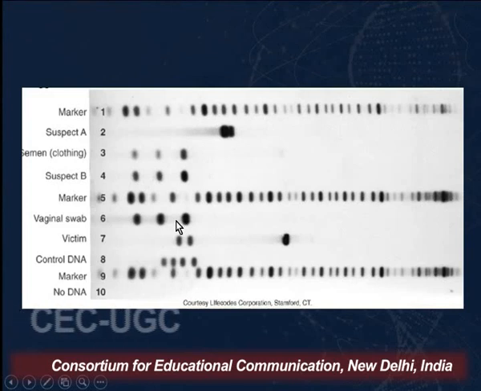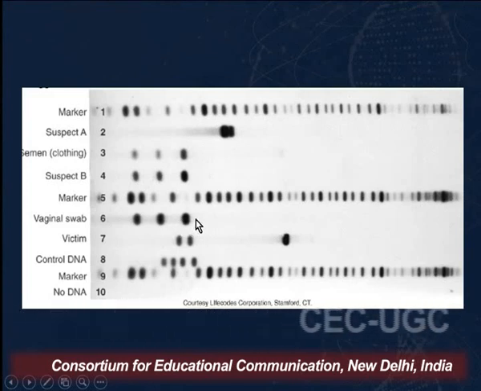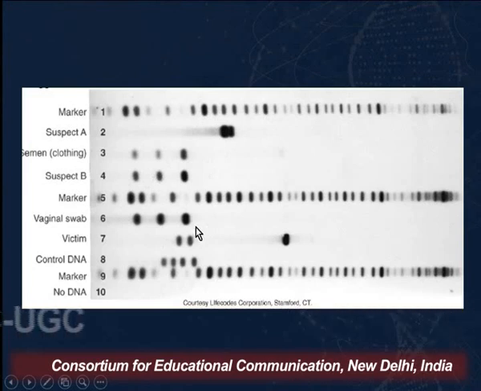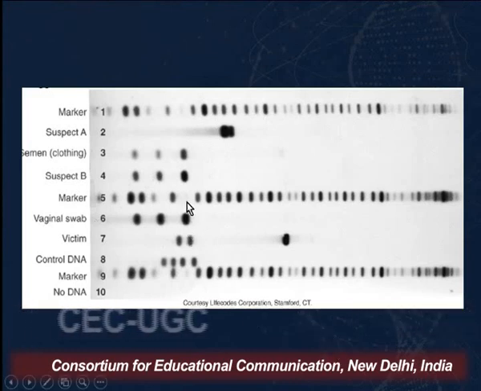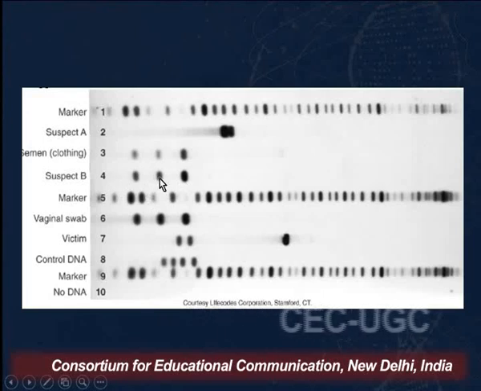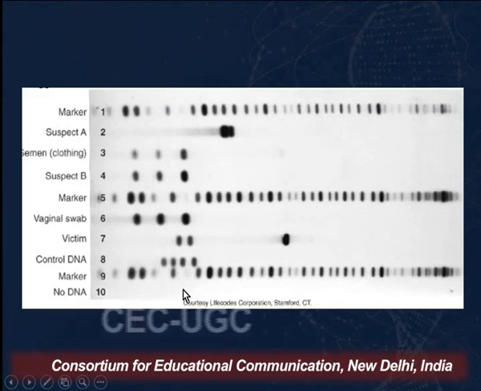Now there is another thing. When DNA fingerprinting was discovered, it was a very revolutionary technique, particularly in forensics, and it was considered a very, very important evidence. But gradually people recognized that there could be errors. For example, in this case, it can ascertain that probably this individual had intercourse with the woman, but it does not ascertain that she has been raped.